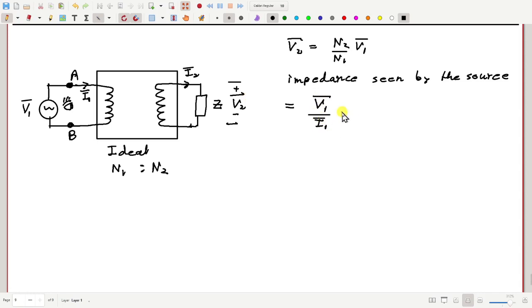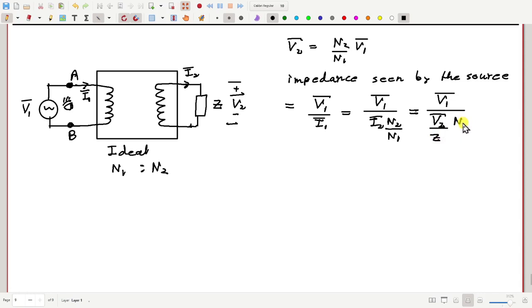Now how much is I1? I1 will be I2 N2 by N1. Now how much is I2? I2 is, anyone? V2 by Z.